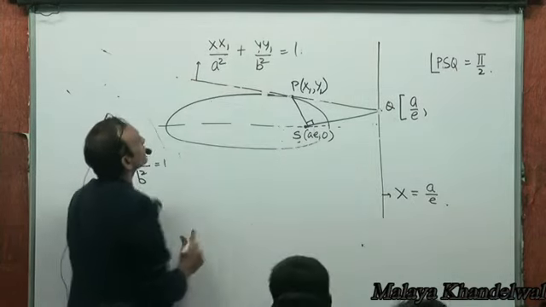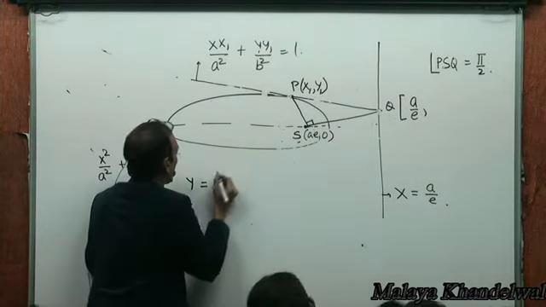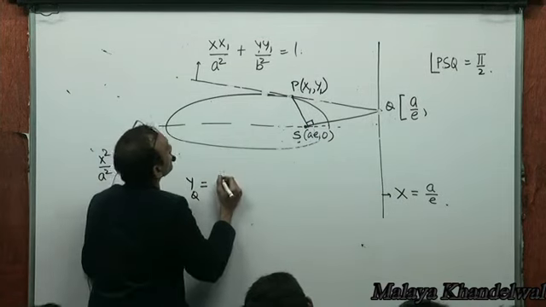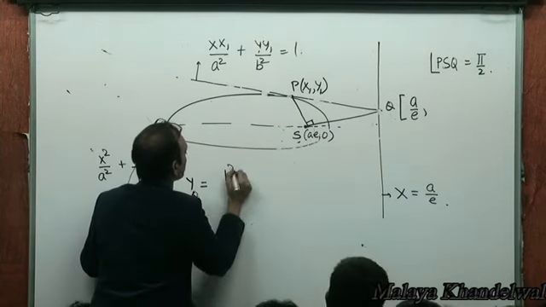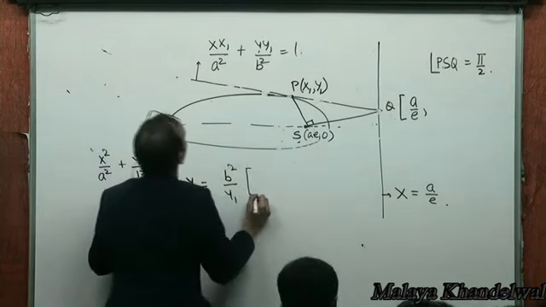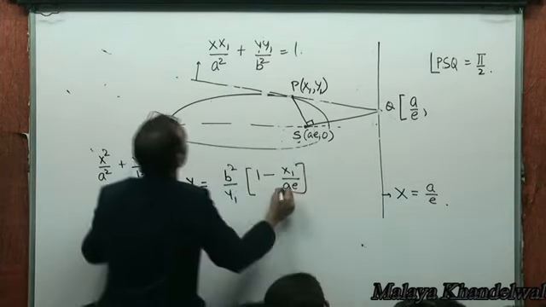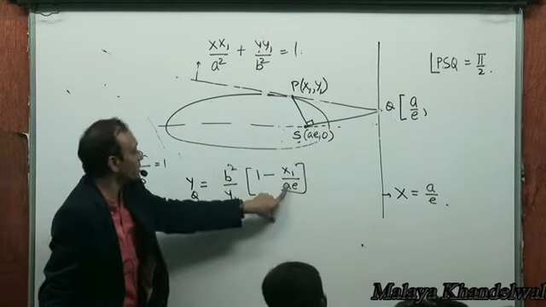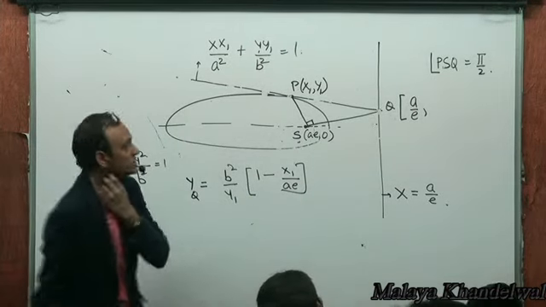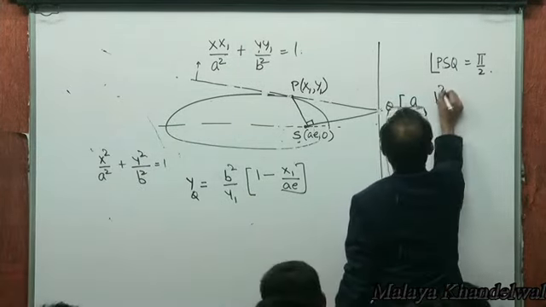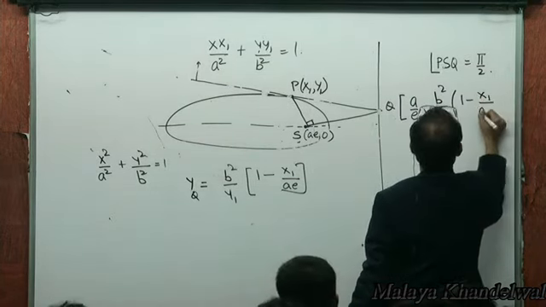Then y of Q would be b squared by y1 into 1 minus x1 by ae, isn't it? Put x equal to a by e, so that comes here, b squared by y1 into 1 minus this. That will be y of Q, which is b squared by y1 into 1 minus x1 by ae.